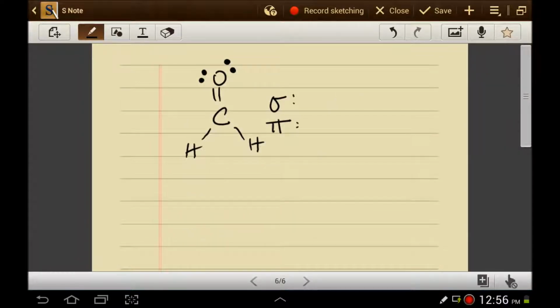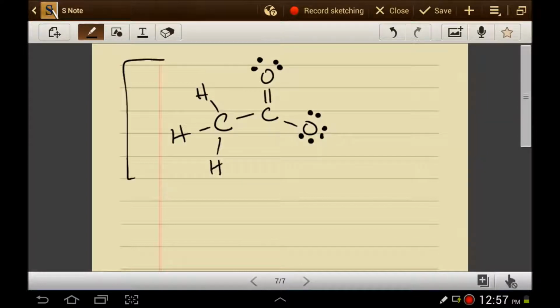So how many sigma bonds are there in formaldehyde? The first bond is a sigma bond, so there's 3 sigma bonds. And then for every double bond you have a pi bond. So in this molecule, there's 3 sigma bonds and 1 pi bond. What about in the acetate ion?